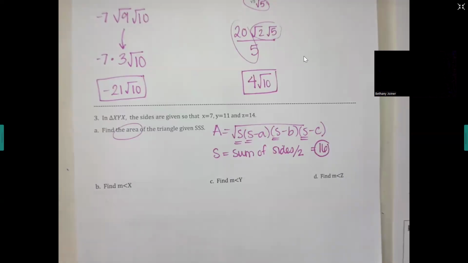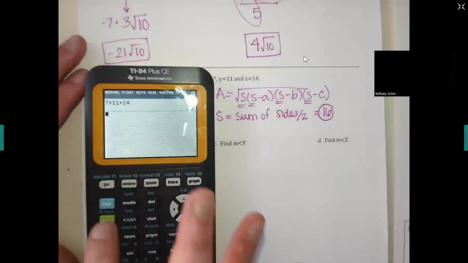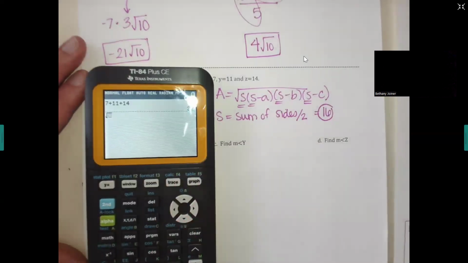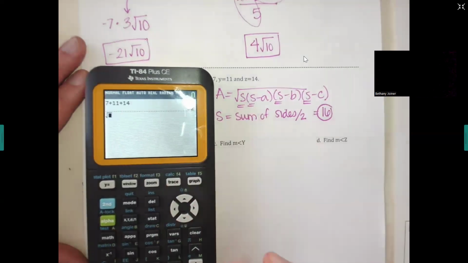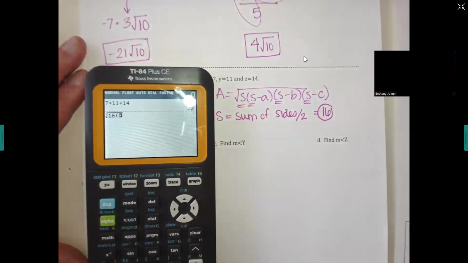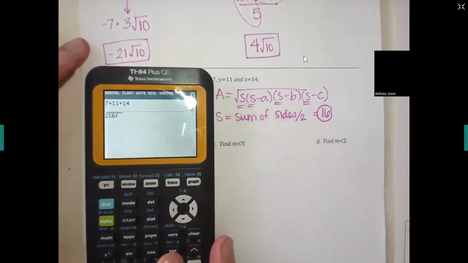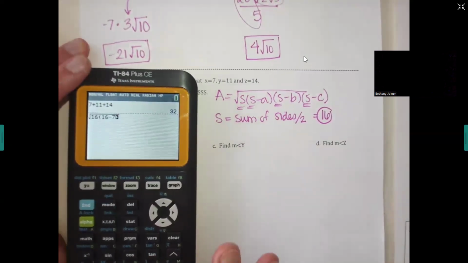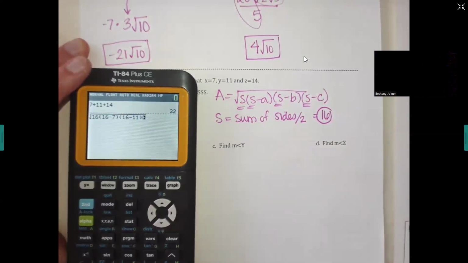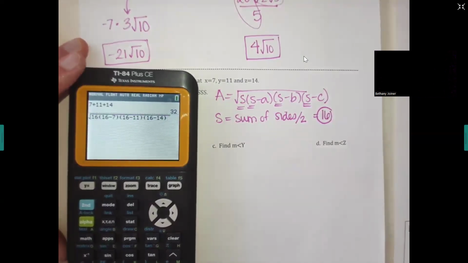So in the calculator, okay, I'm going to do big square root. The first S is alone, so that'll be a 16. Then 16 minus A will be 16 minus the first side, which is a 7. 16 minus B will be an 11. And then C is a 14. Okay, and you literally are just going to type that in.